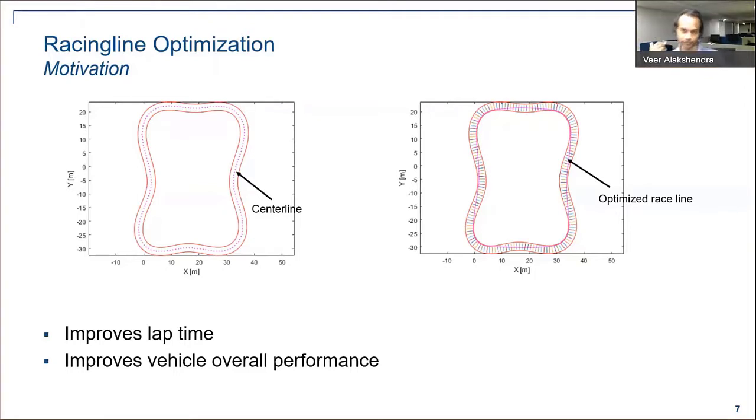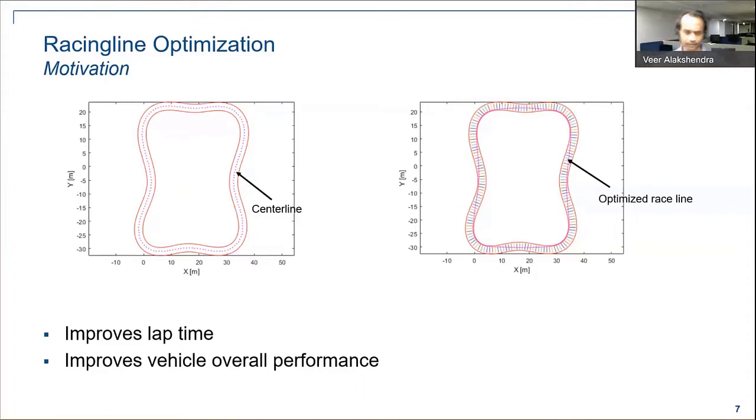Because once you have the optimized path, the other task will be finding the velocity profile, like where we should accelerate and where we should decelerate. Even if you start with the point mass simulation, mass and force, all these factors will come. So it has a lot of effect on different things as well.